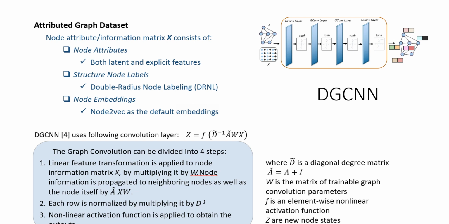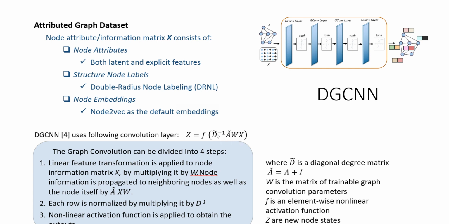In more detail, the constructed attributed graph from the single-cell data includes three main pieces of information: node attributes, structural information, and node embedding. The graph convolution can be divided into four main steps.